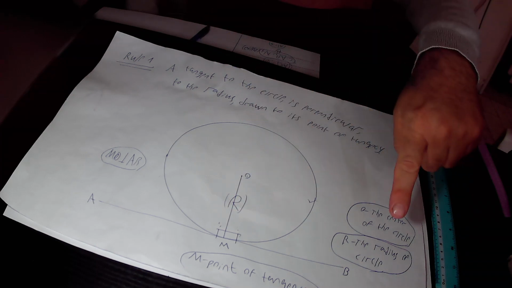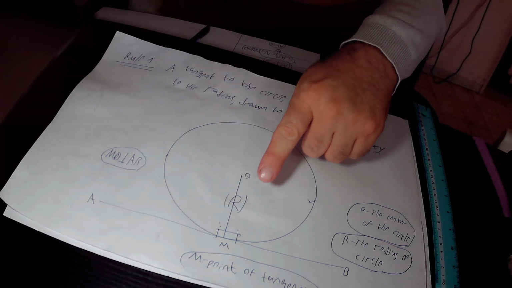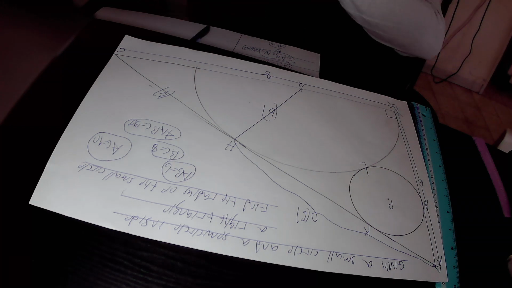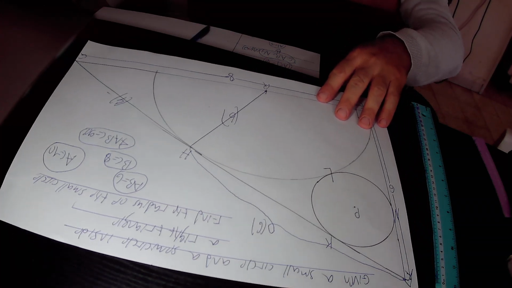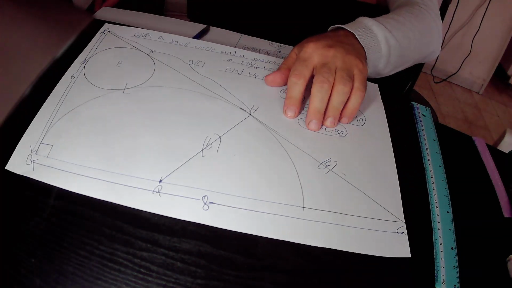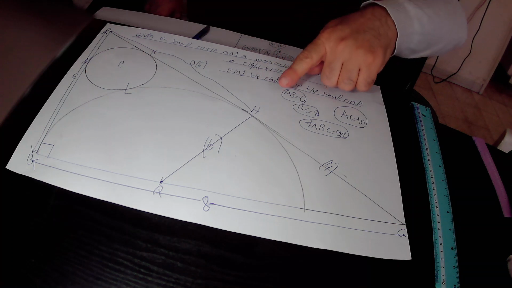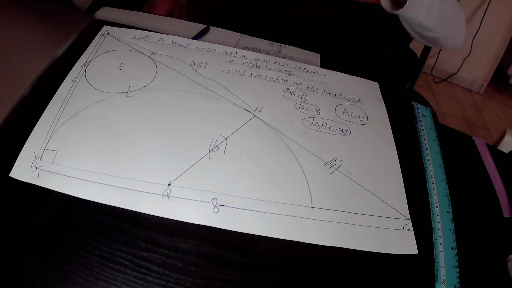If AB is perpendicular to MO, it means that this angle equals 90 degrees and this angle also equals 90 degrees according to rule 1. We can actually implement rule 1 in our drawing. Why? Because in our drawing we have the radius QH that equals B. The radius QH is drawn to point H, the point of tangency of tangent AC with this big semicircle.